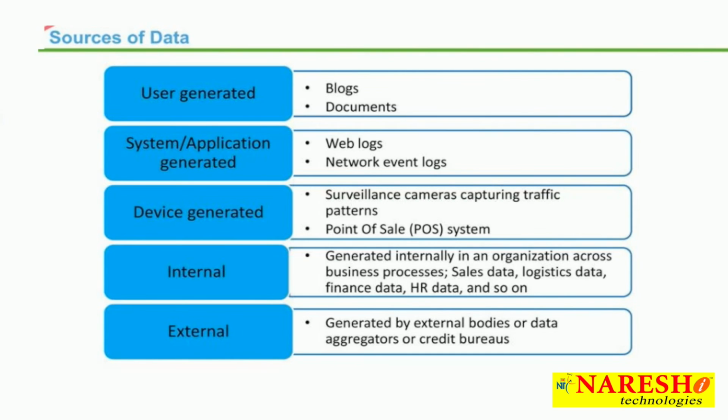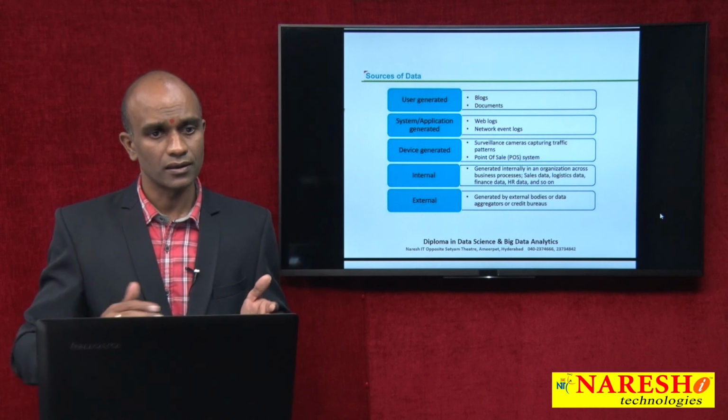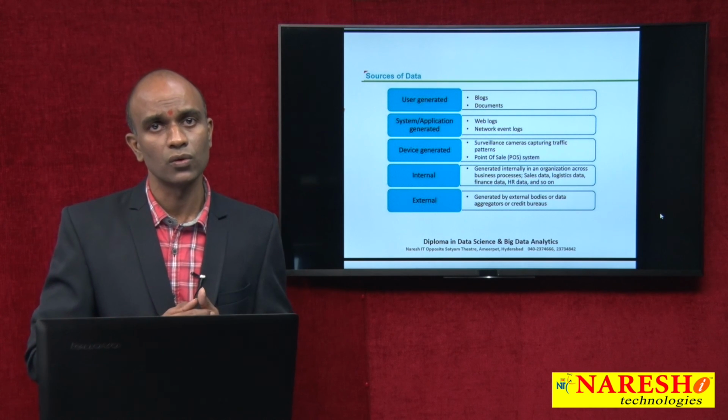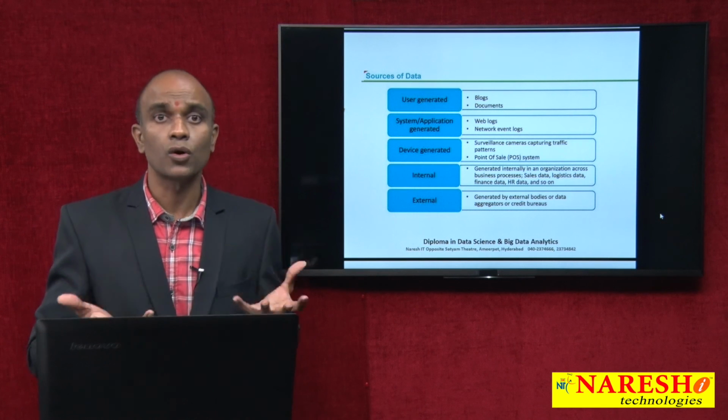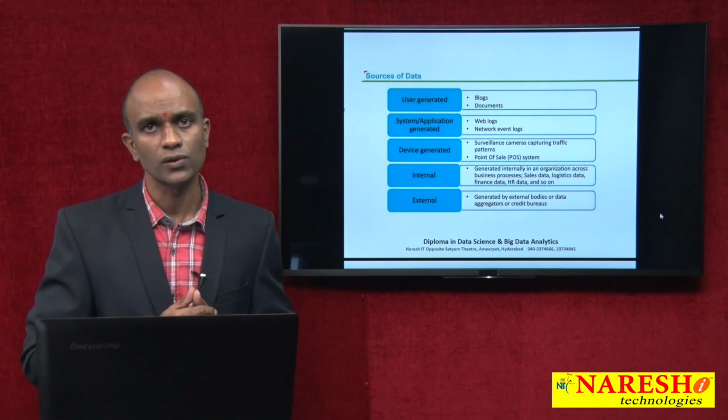Then we have the device generated data. Today, a lot of talk is being done on IoT and things like that. They're all nothing but sensors, the smart sensors. Every millisecond, they generate hundreds and hundreds of rows, which cannot necessarily be saved in a database because the capacity tends to grow exponentially, and the cost and the complexity also increase.